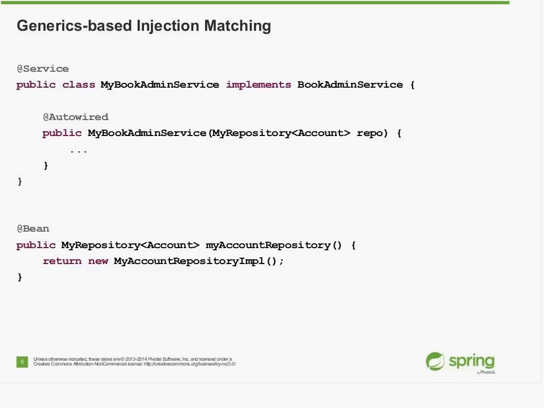So the problem could have been solved before through qualifiers, through additional metadata where you're repeating yourself to some degree. Now you can basically forget about additional metadata as long as the type information is expressive enough. That's the generics-based injection matching algorithm in Spring 4 for a start.